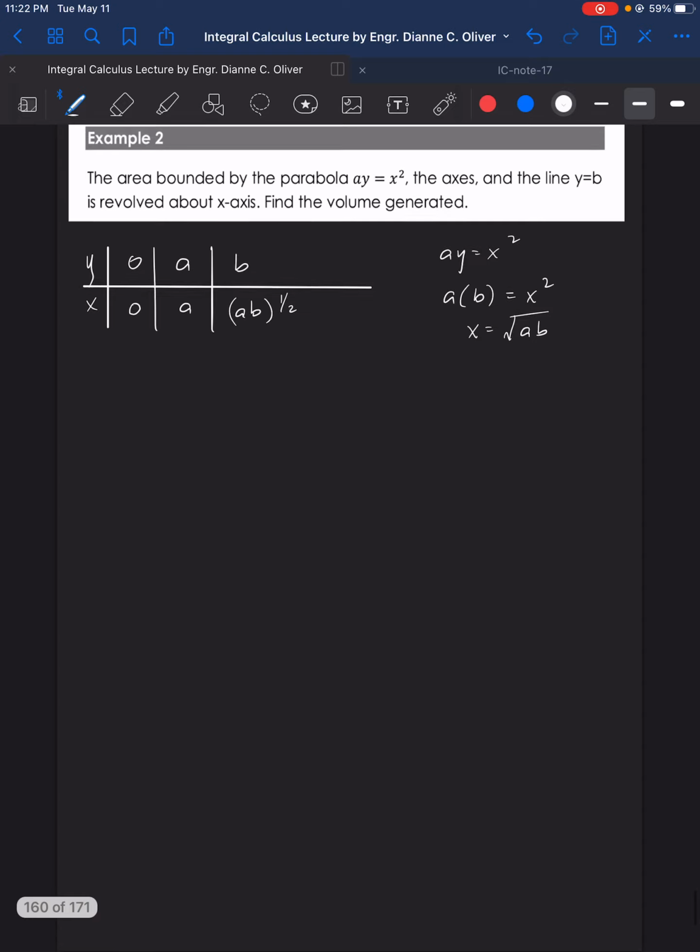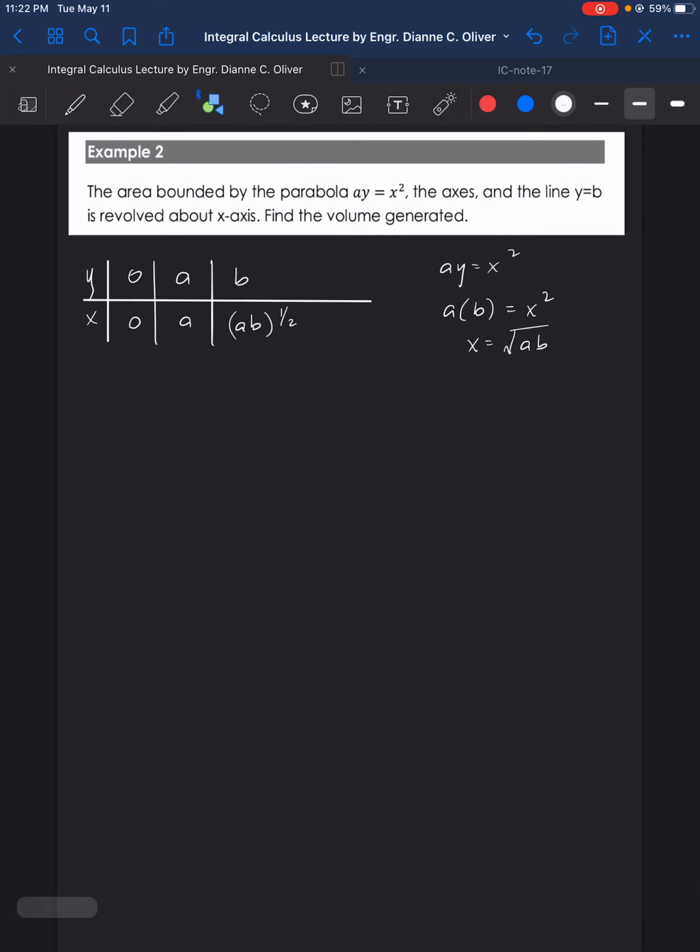Okay, so let's sketch the curve. Again, this value of x is positive or negative. So if we sketch here the curve, positive or negative for x, but line y is positive. So let's put it here. Again, this is a sketch.